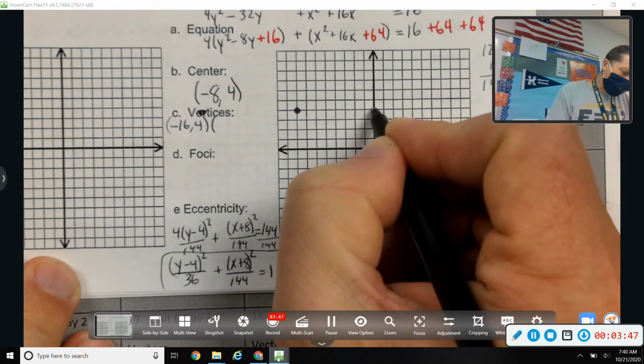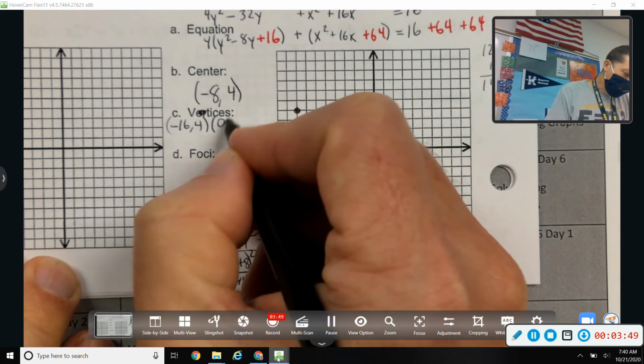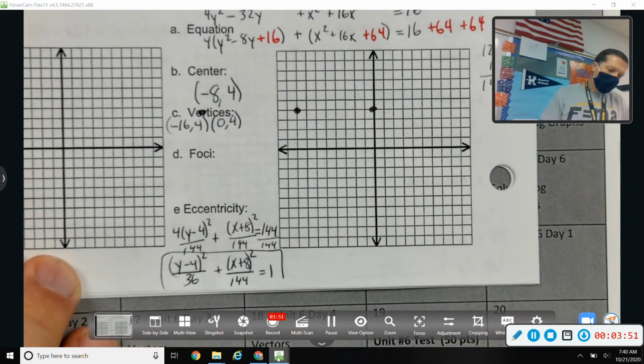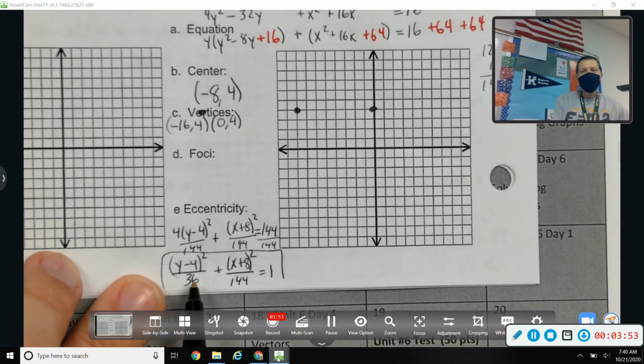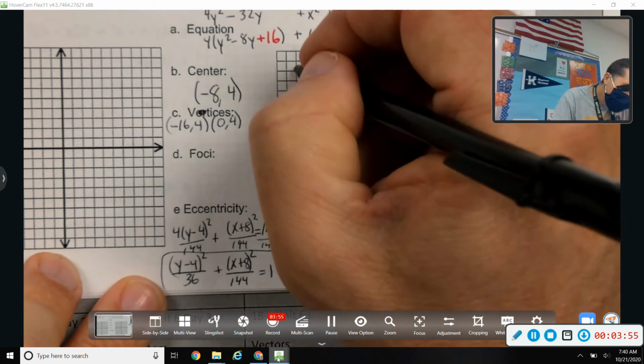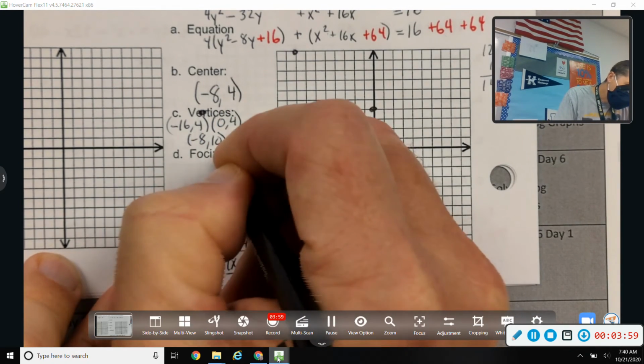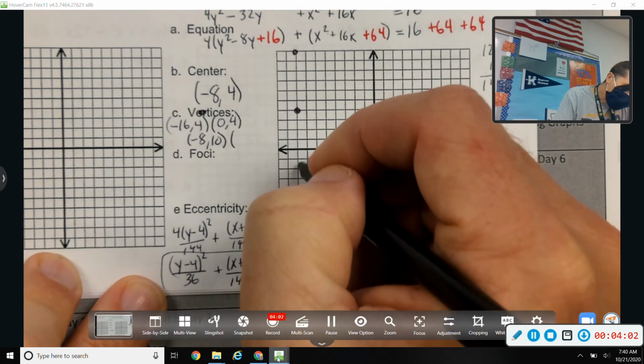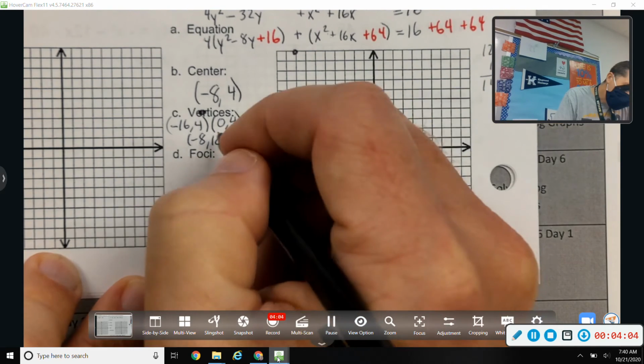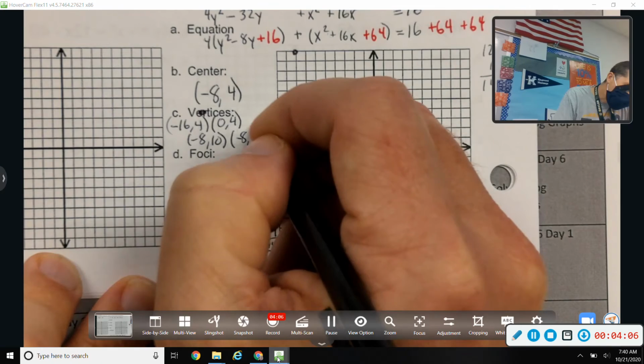If I go right 8, it puts me at 0, 4. And then I need to go up and down 6. So if I go up 6, that's negative 8, 10. If I go down 6, it's negative 8, negative 2.